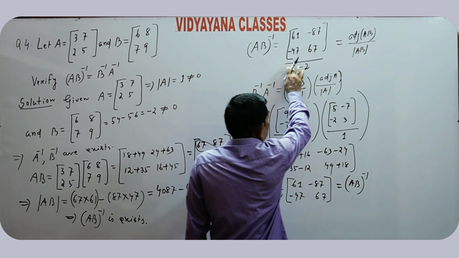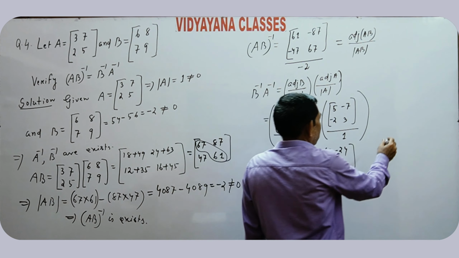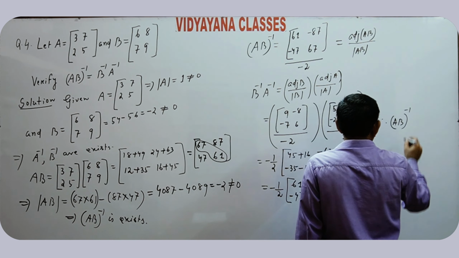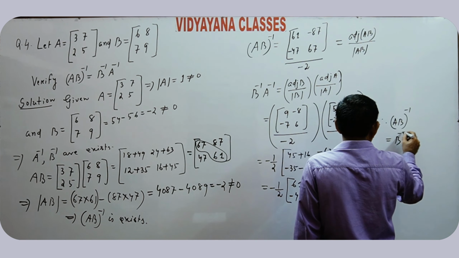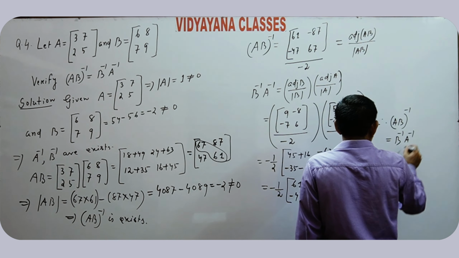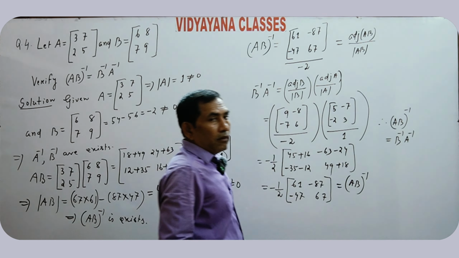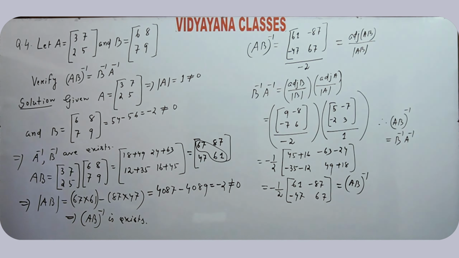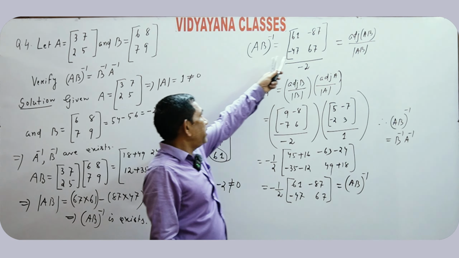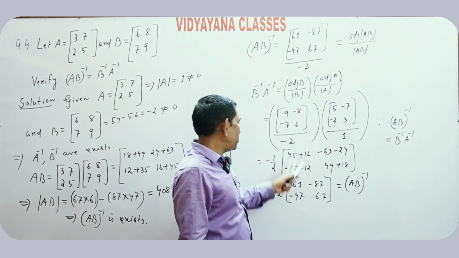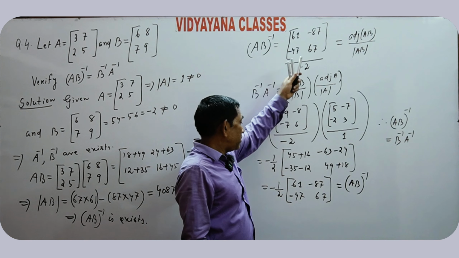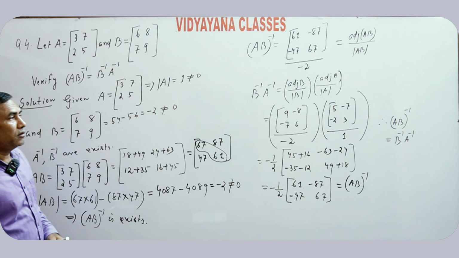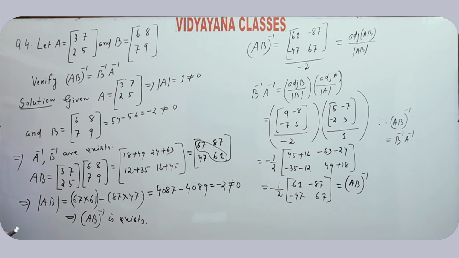(AB) inverse is given by this. Therefore, (AB) inverse is equal to B inverse into A inverse. Therefore, the statement is verified, true. (AB) inverse is given by this, and B inverse into A inverse is also the same as this. Clear? Okay. Note down.